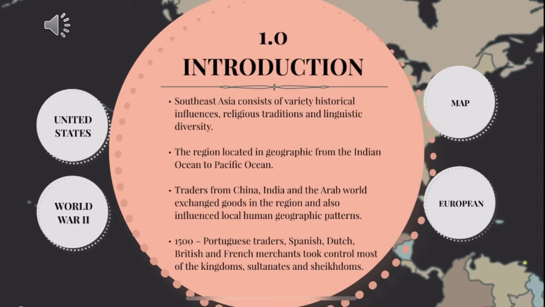The Chinese call it Nanyang and the Japanese Nanyo, both names meaning South Seas, and South Asians use such terms as Suvarnabhumi in Sanskrit, meaning land of gold, to describe the area. It traded with China, India, and the Arab world, exchanged goods in the region, and also influenced the local human geographic pattern.